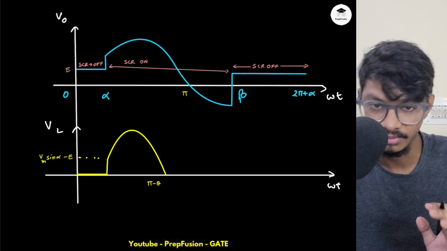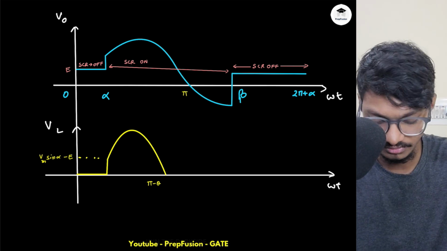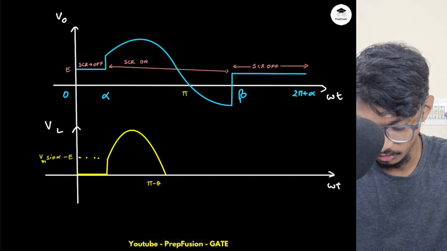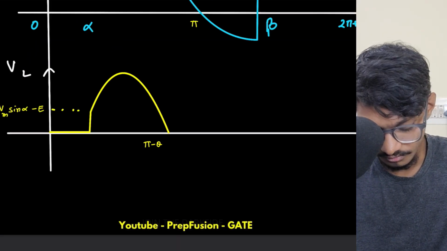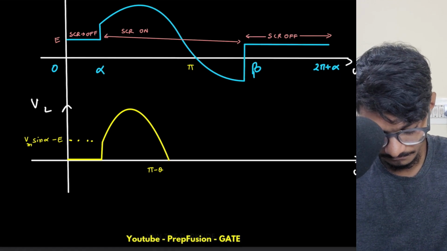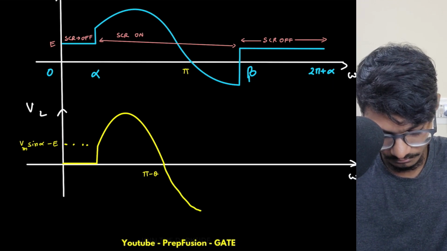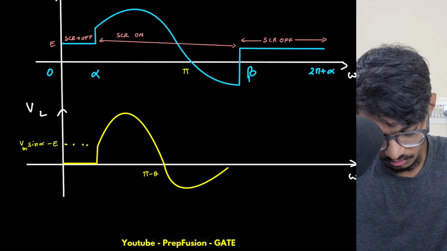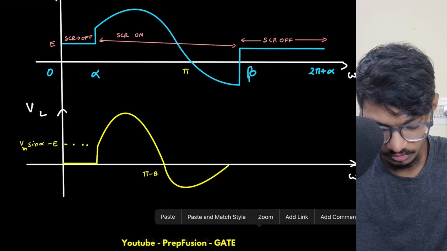So not the supply, sorry, through the battery, and after this pi, both through the battery and the supply. Okay, I hope that got cleared. So it will be some negative value, and it will go to 0 here, and this will be some non-linear function.